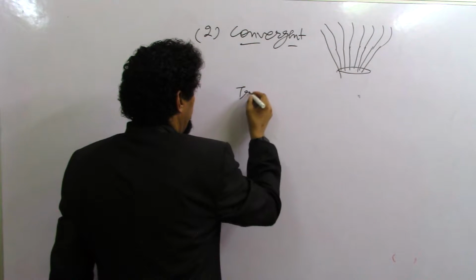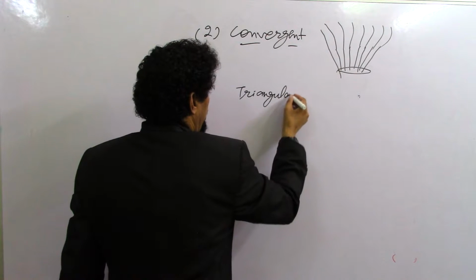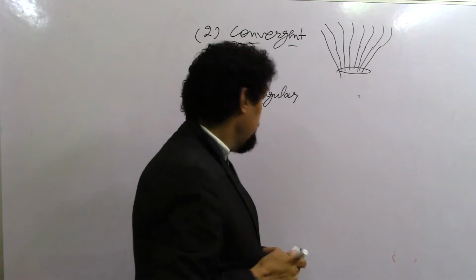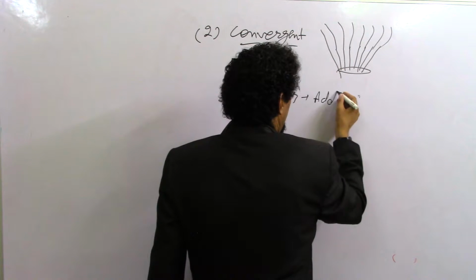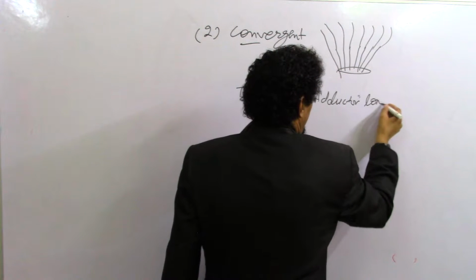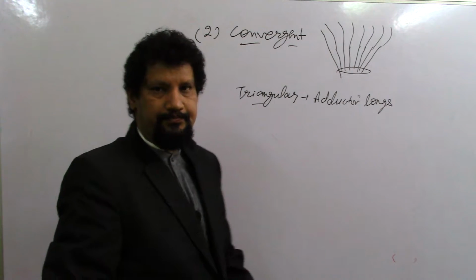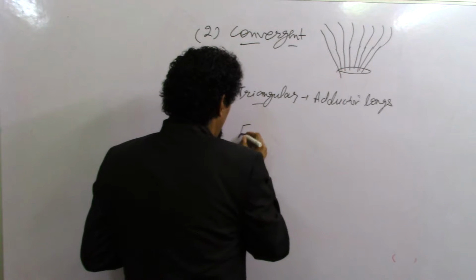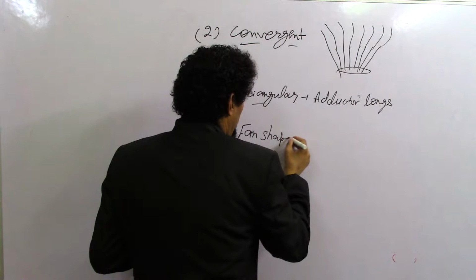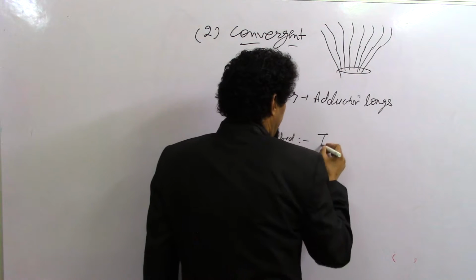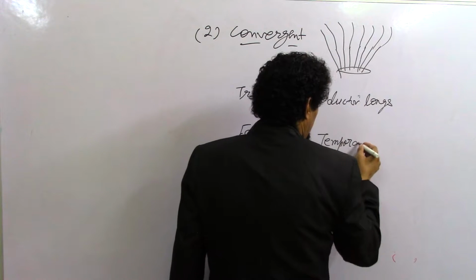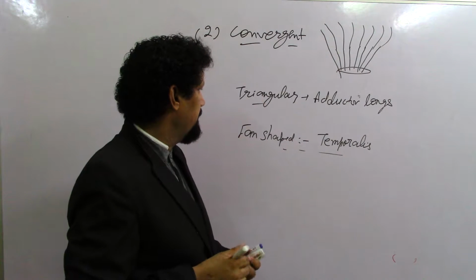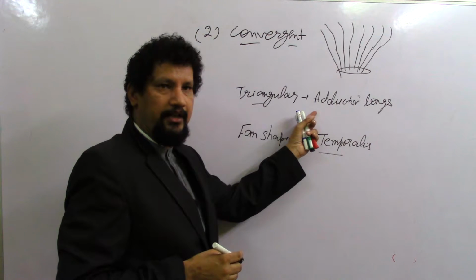When it is triangular, convergent architecture is seen in the adductor longus muscle, a muscle of the medial compartment of the thigh.